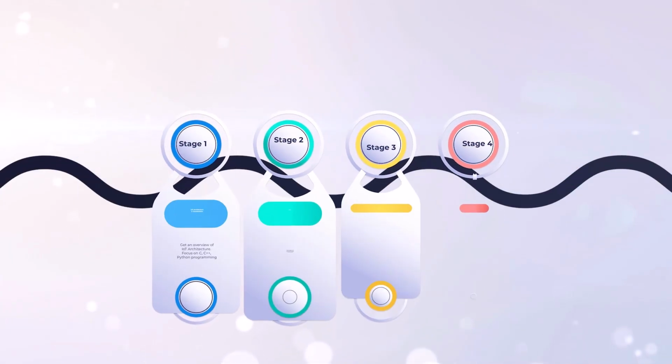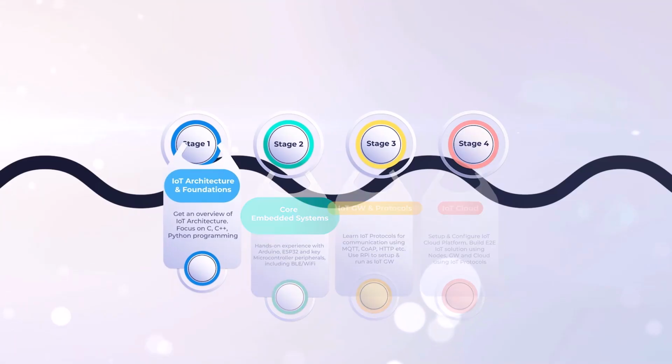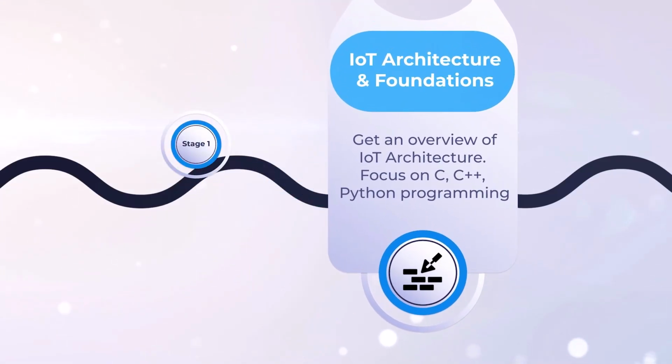Following that, we're going to use a similar stage-based development for the IoT course as well. To start with, we'll help you build your foundations by teaching you C, C++, and Python programming. C and C++ are commonly used to develop embedded applications as well as IoT applications, such as sensor nodes and the like.